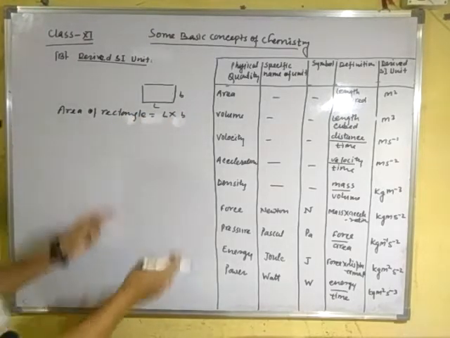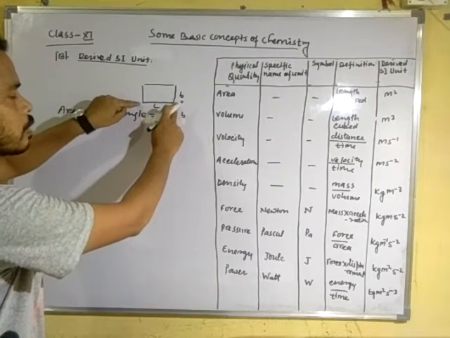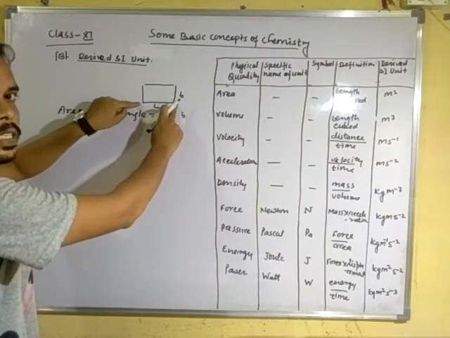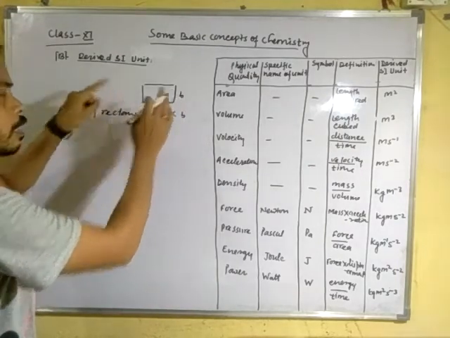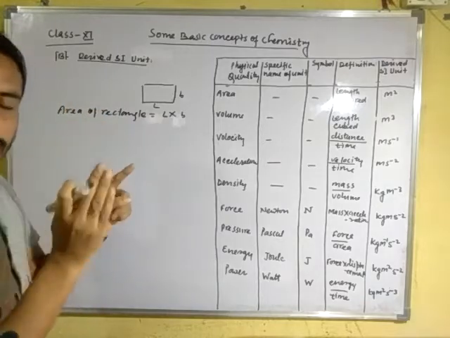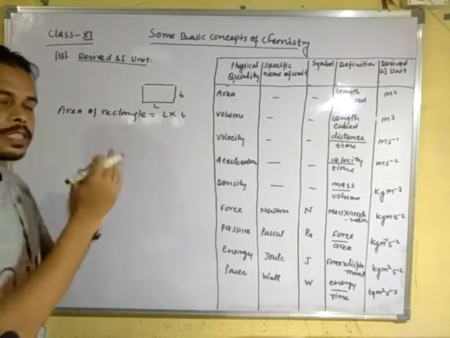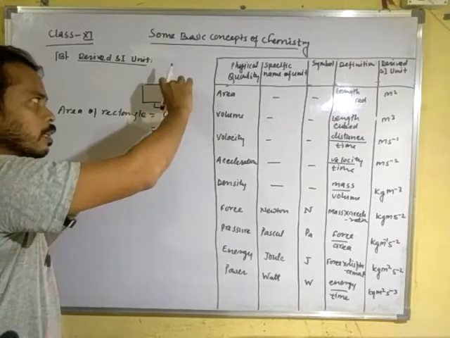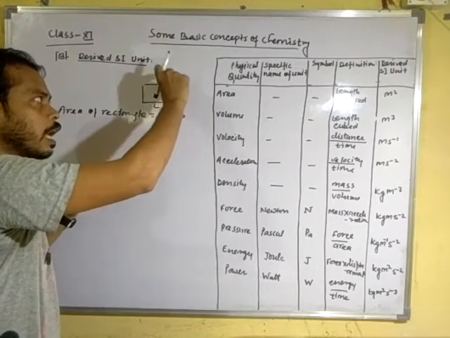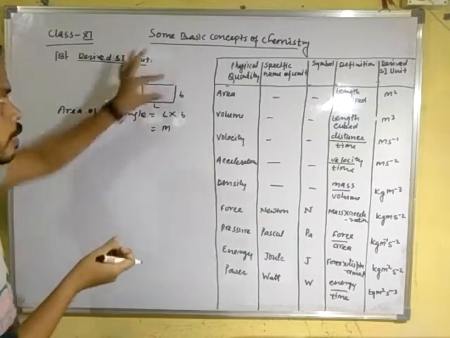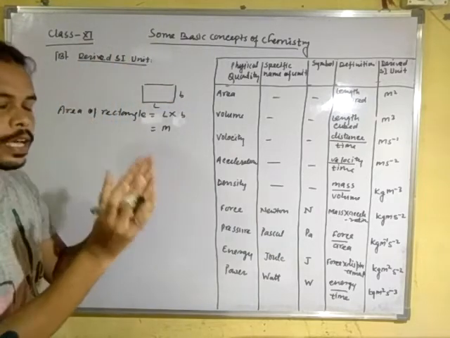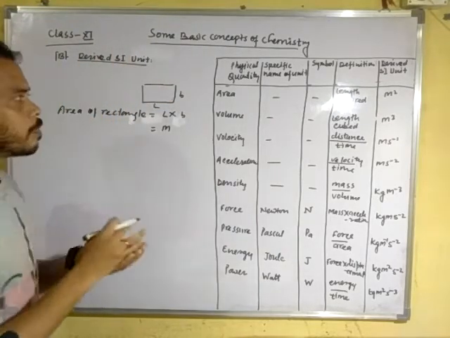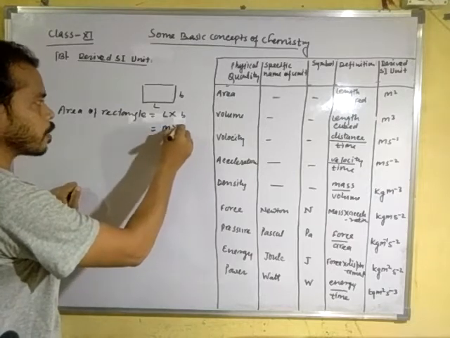Length is a distance, and the unit of length in basic SI units is meter. Breadth is also a distance, and the basic SI unit of distance is also meter.